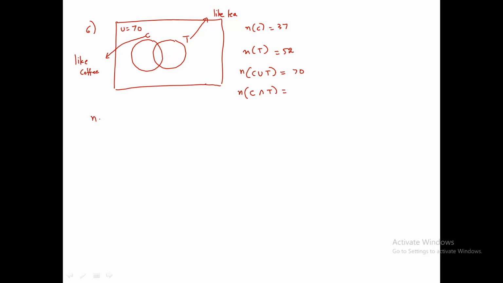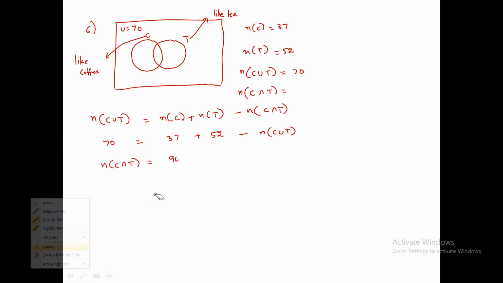So you can use the formula N of C union T equals N of C plus N of T minus N of C intersection T. N of C union T is 70, N of C is 37, N of T is 52, and N of C intersection T we don't know. So N of C intersection T will be 90.